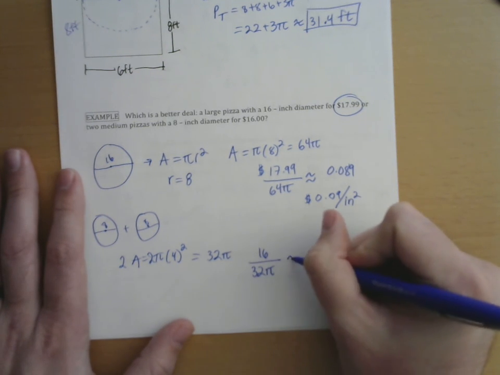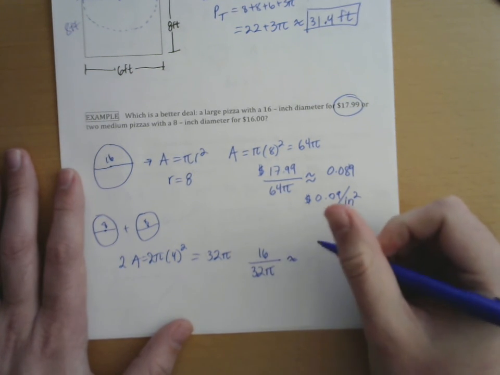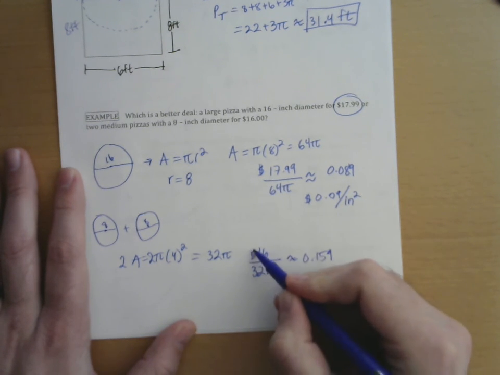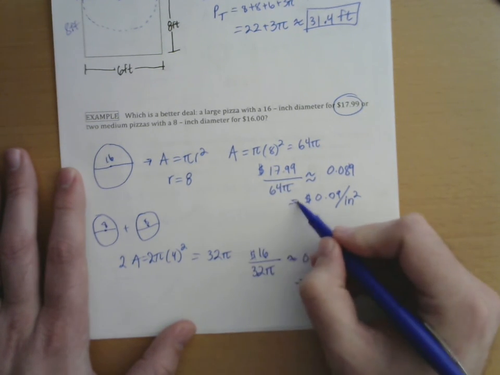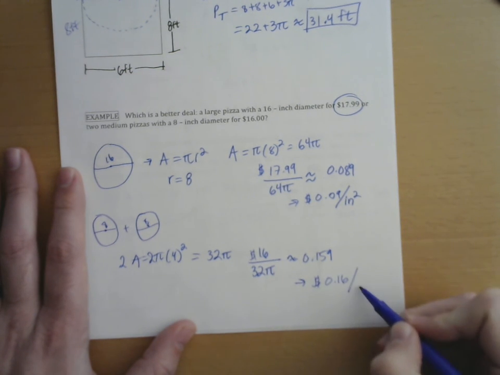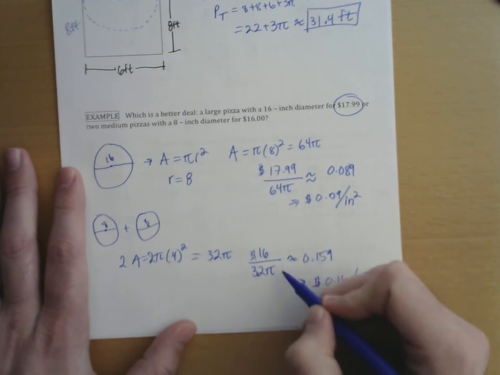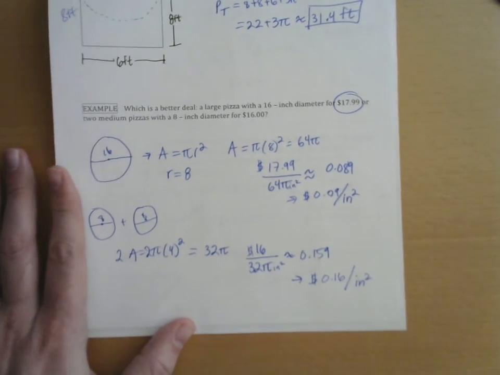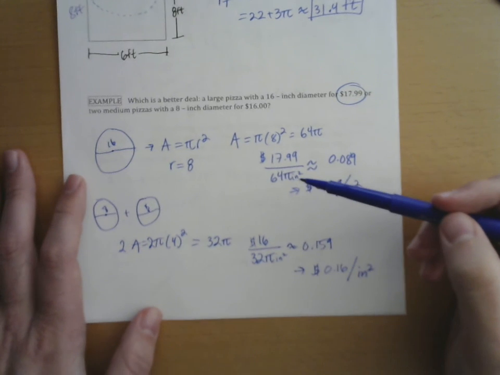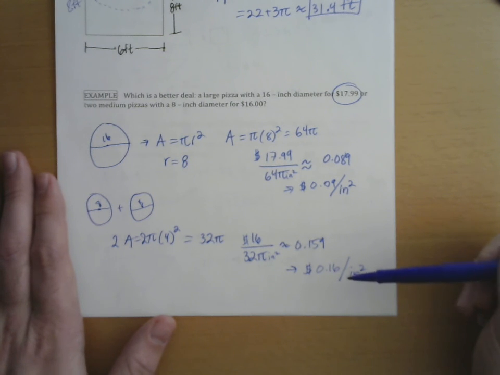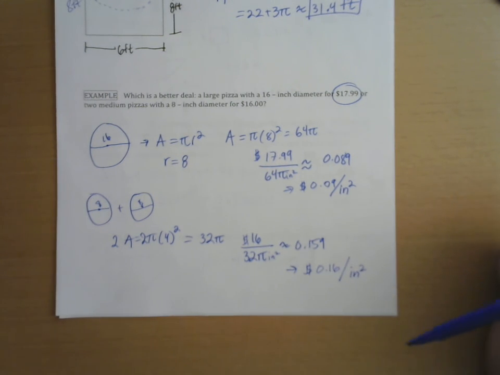Whereas down here, this comes out to be 0.159, and since this is in dollars, we're going to round this to 2 decimals, 0.16. And again, this is per square inch, because this is in inches squared, just like this is, because this was an area. So for the large pizza, you're paying 9 cents per square inch. For the 2 medium pizzas, you're paying 16 cents per square inch.